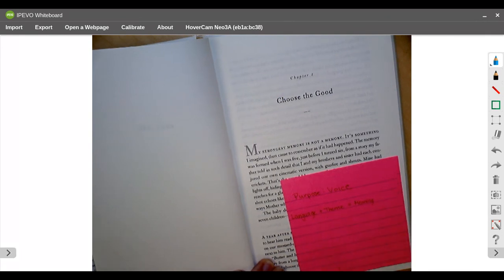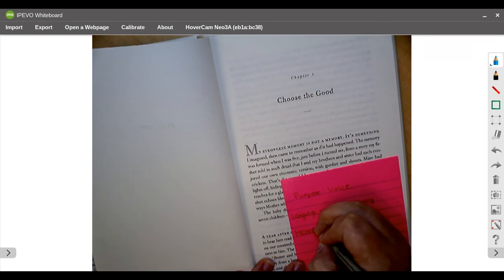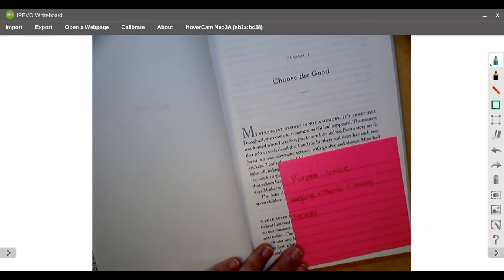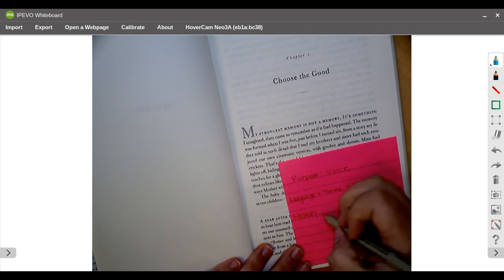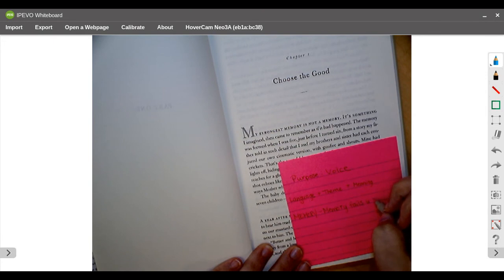All right. So for me, what is striking is this word memory. And if I had to think of what a theme might be right now, and a theme is an overarching kind of message, maybe it is memory fails us, or memory is unreliable.